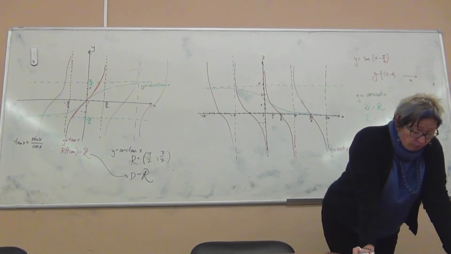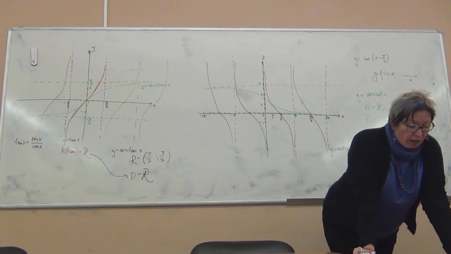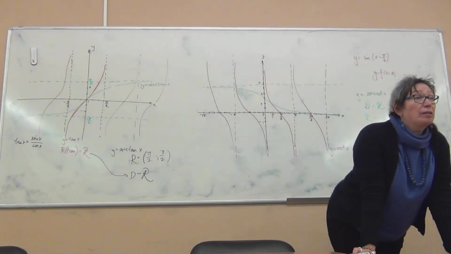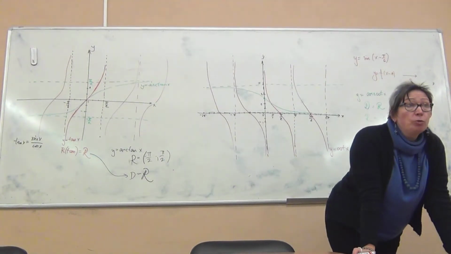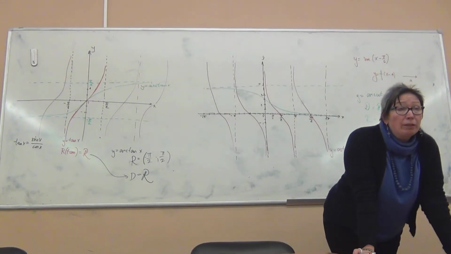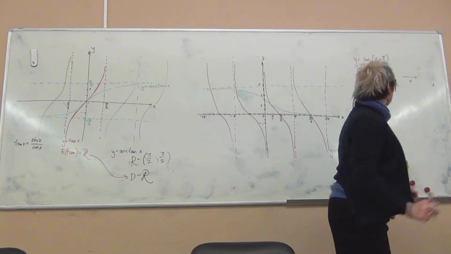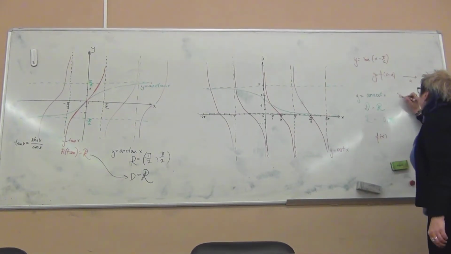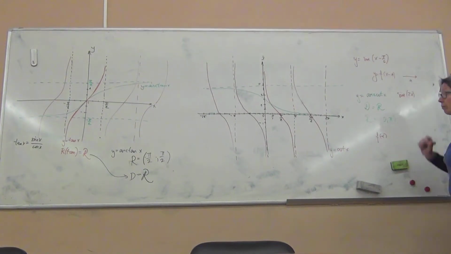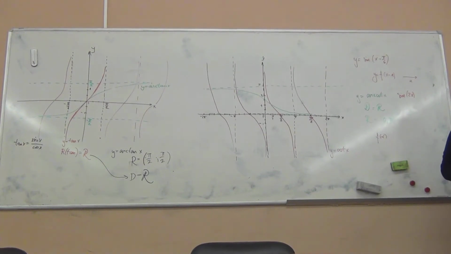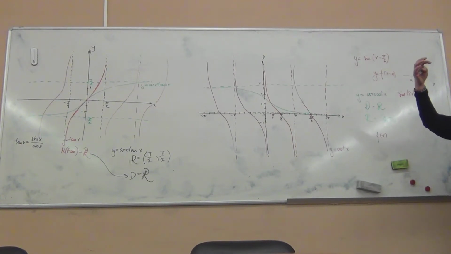If, on the other side, the constant is multiplied by x, not by the function itself, but only by the x inside the function, for example, if I have sine of 2x, this means horizontal stretch, but not 2 times longer, but 2 times tighter.